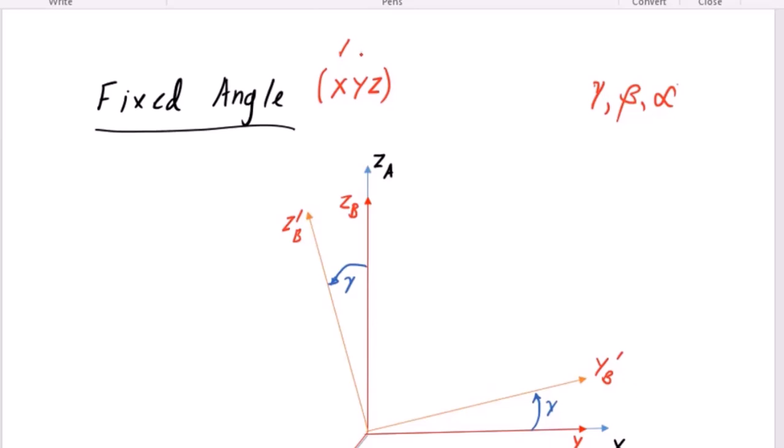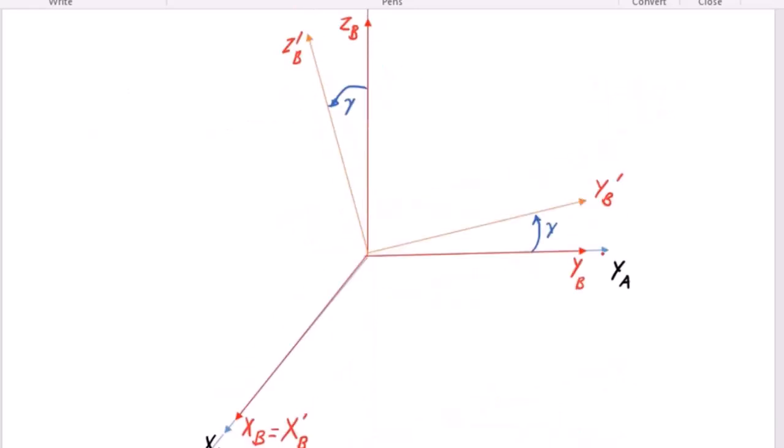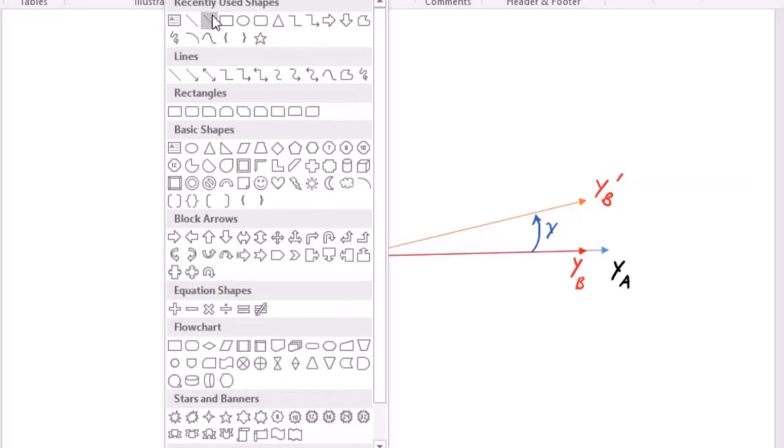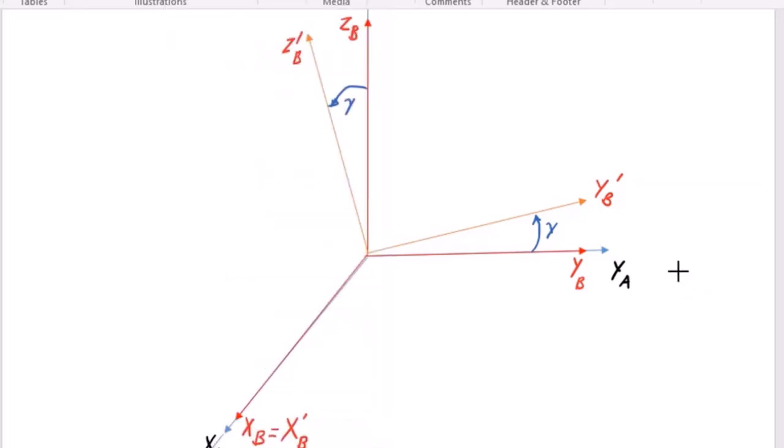Next is the Y. Which axis will we use to rotate? Can you tell me which axis? Because we are now in the Y. Is it YB prime or YA? It is YA, not YB prime.